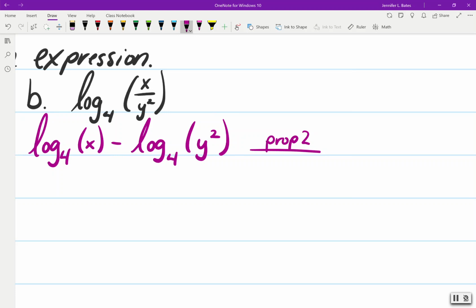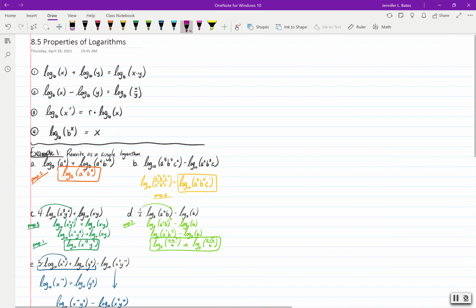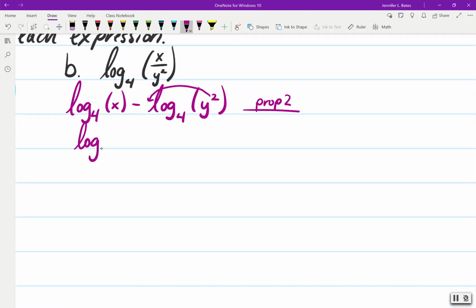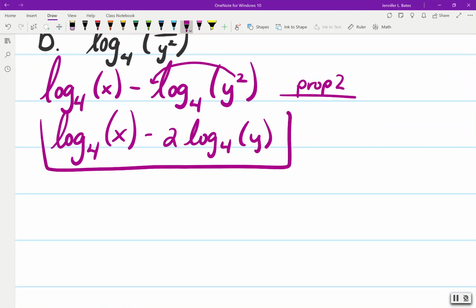Log property 3 says if I have an exponent, I'm allowed to bring it down out front. Or if I have a coefficient out front, I'm allowed to bring it back as an exponent. So then I'm going to rewrite this as log base 4 of x minus 2 log base 4 of y. We would call this fully expanded.